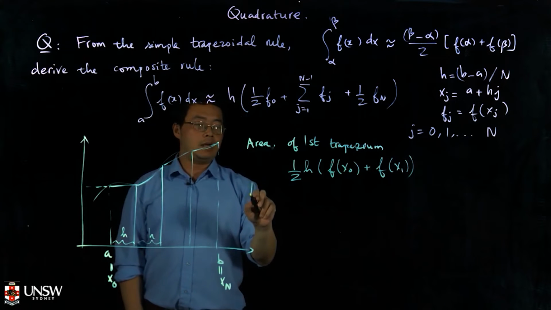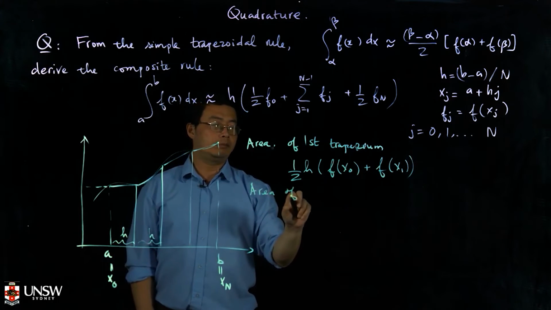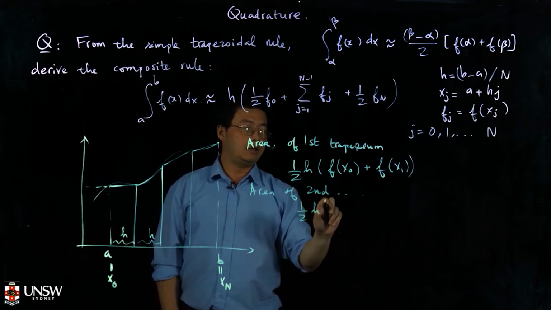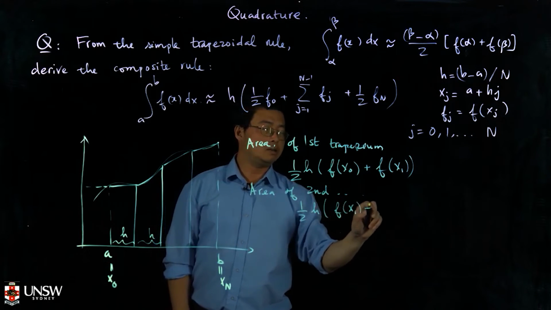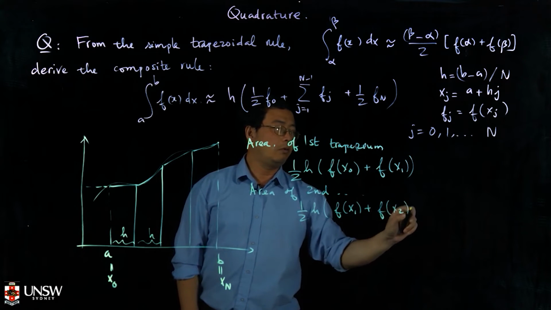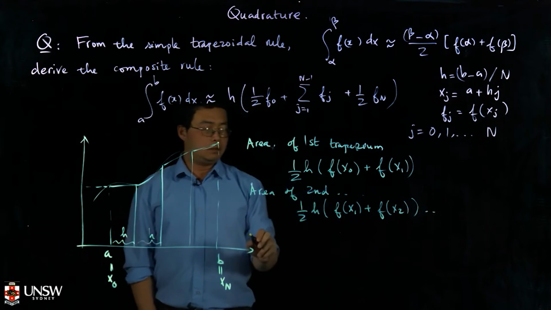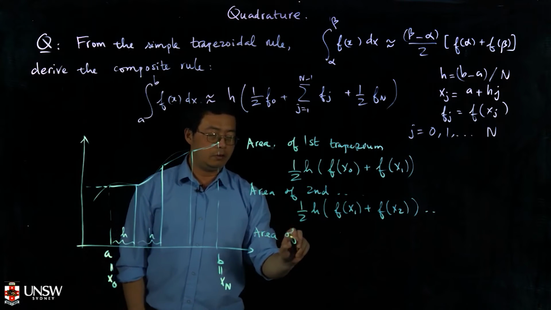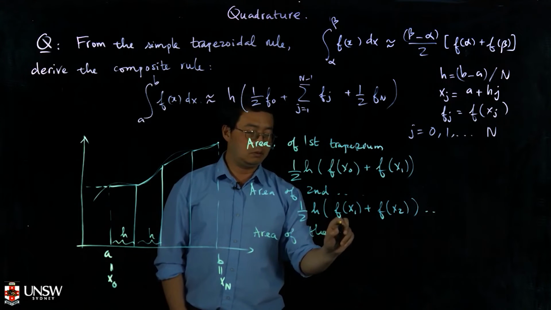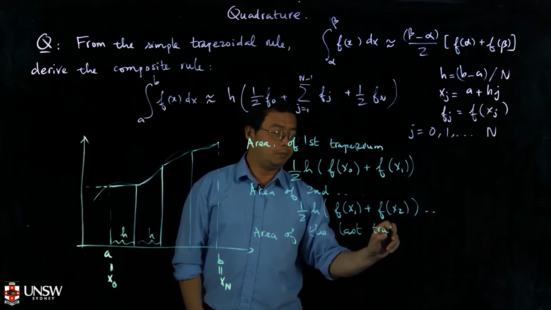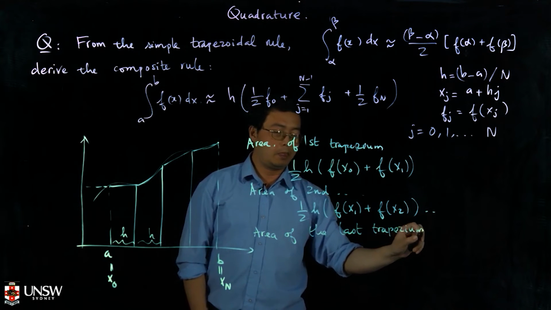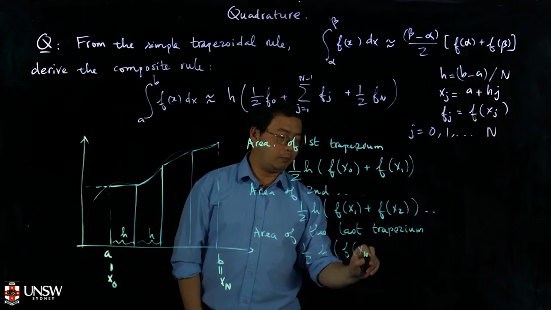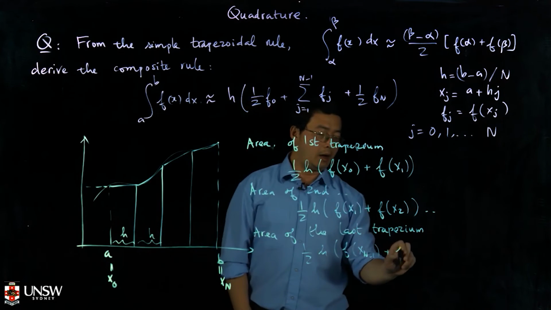Then the area of the second trapezium is 1/2 h times f(x1) plus f(x2), and so on. Then you get to the last trapezium, whose area is 1/2 h times f(x_{n-1}) plus f(x_n).